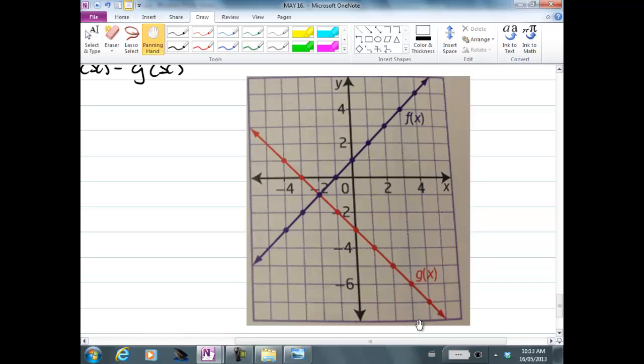Okay, so wrong approach. Good try, but wrong approach. This row. Your approach is correct.